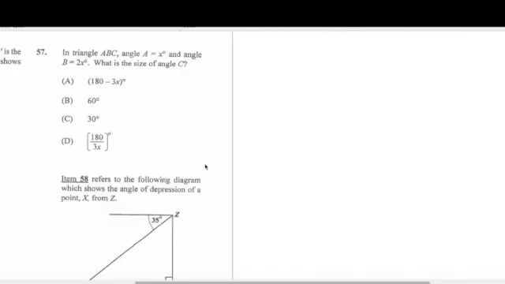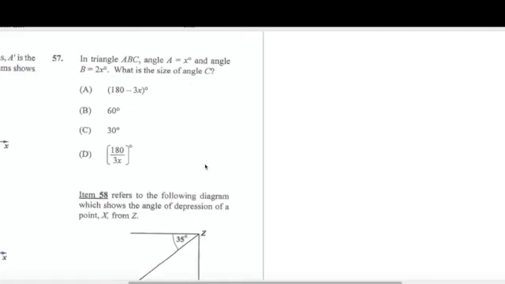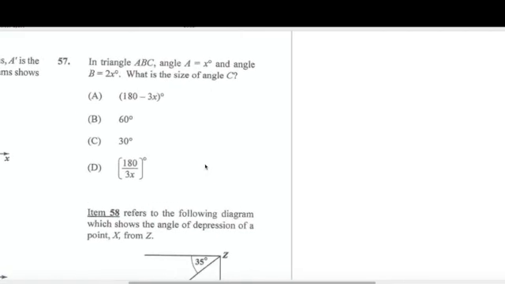In triangle ABC, angle A is equal to x degrees, and angle B is 2x degrees. What is angle C? So if angle A is x and angle B is 2x, what's the size of angle C?